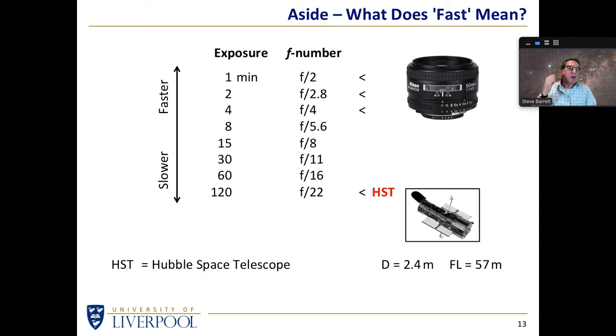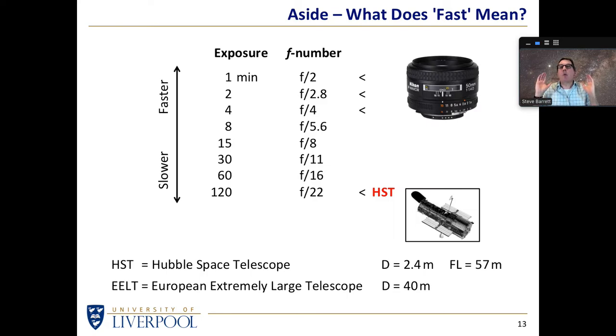So you might say, okay, that's the Hubble, but surely with a larger mirror we can get faster F numbers. What about the European Extremely Large Telescope? It's got a whopping 40-meter diameter mirror. Surely that's going to be a lot faster. Well, it is a much larger mirror for sure, but its focal length can be anything up to 750 meters.